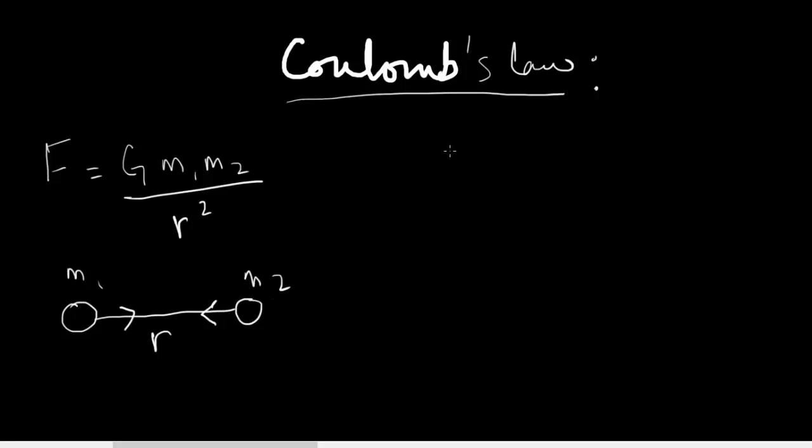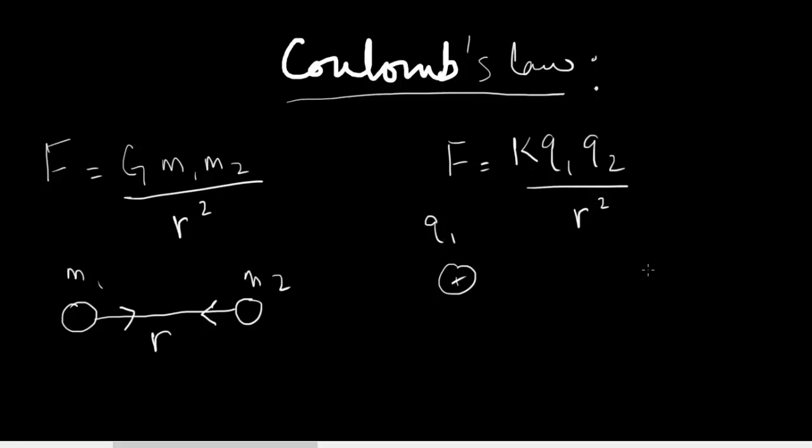Okay, for the case of electrical force, it's given by Coulomb's law. Coulomb's law says that the force between Q1 and Q2 is k Q1 Q2 over r squared, where the Q's are the charges and r is the separation between the charges. So suppose you have Q1 here and Q2 here, separated by some distance r.